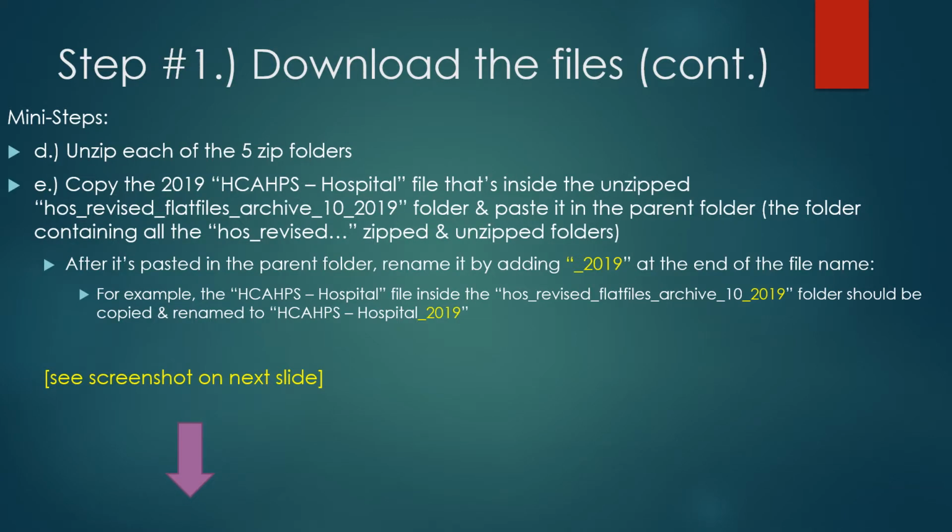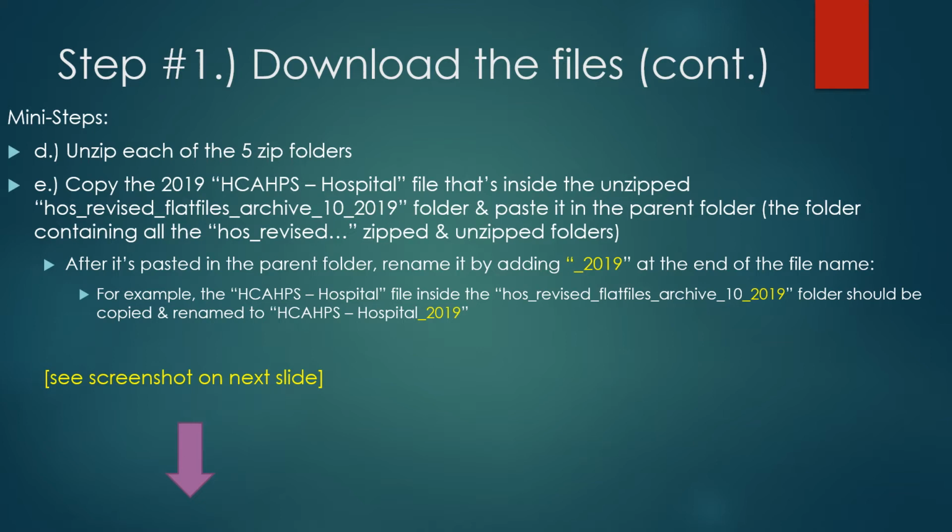Then we unzip all the 5 folders that were downloaded onto our computer, and then we copy the 2019 HCAPS hospital file that's inside the unzipped hos_revised_flat_files_archive_10_2019 folder and place it in the parent folder, which is the folder containing all the hos revised zipped and unzipped folders.